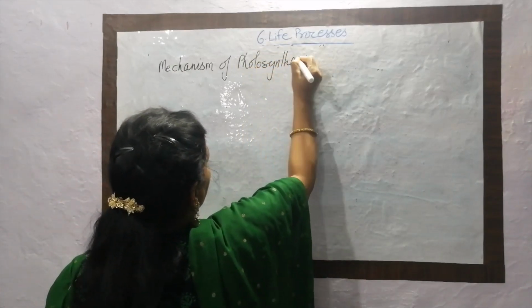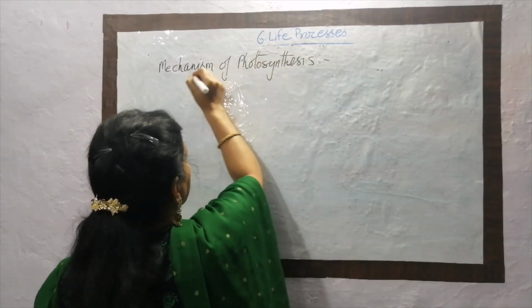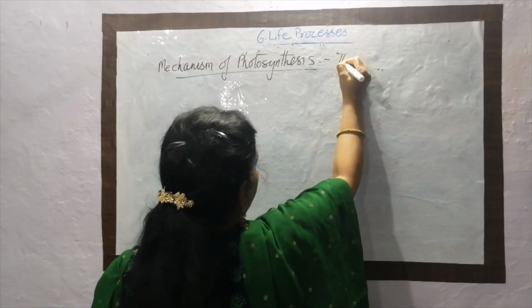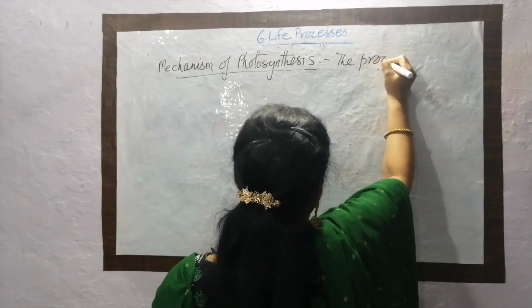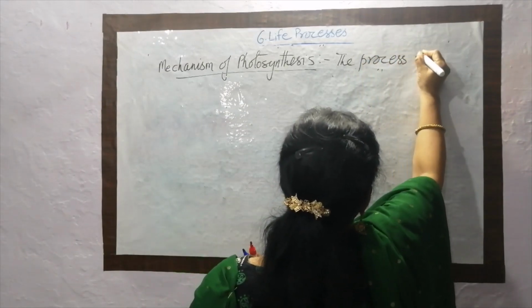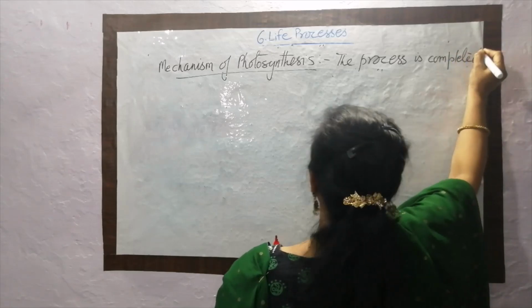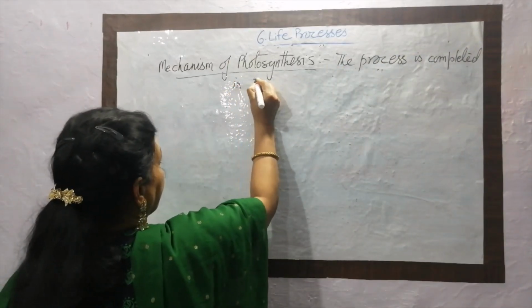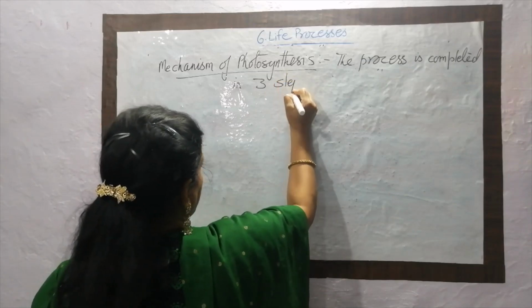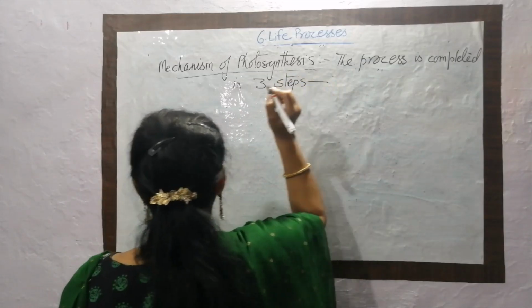The mechanism of photosynthesis includes three steps. The process is completed in three steps. And what are these steps?